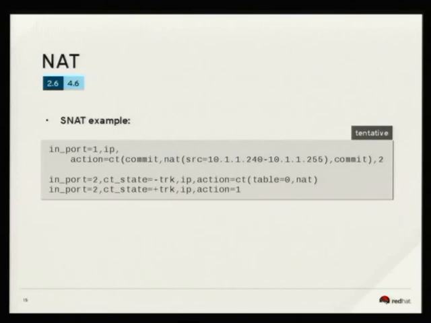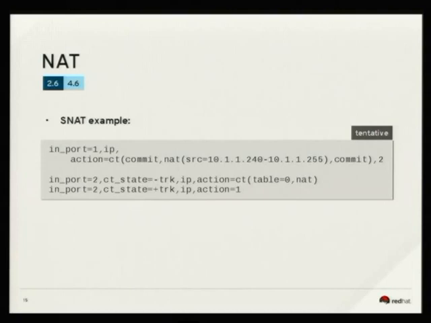So that's basically it. From the other side, from port 2, we need to reverse the NAT, so translate the address back to the internal address according to the NAT table, and that's done just by specifying the NAT sub-action without any parameters.